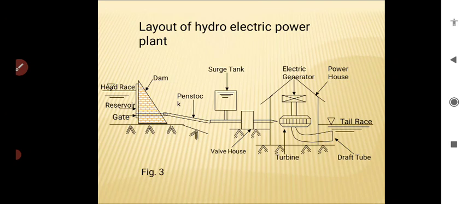The main elements of a hydroelectric power plant are dam, tunnel, forebay, surge tank, valve house, penstock, powerhouse, tail race, and draft tube. These are the main elements of the hydroelectric power plant. We will define all these. What are the functions of all these main elements?